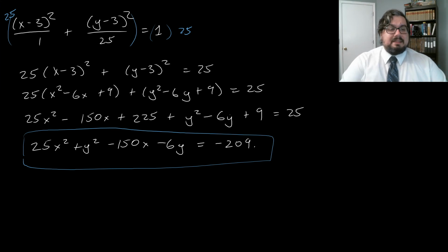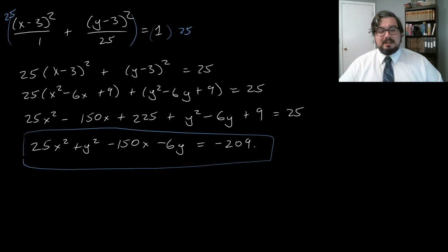In fact, the fact that we still have this 25 sitting in front of the x squared is sort of an accident, because the equation we started with had a 1 in one of the denominators. If that wasn't the case, then we wouldn't even see that 25 surviving in this equation.